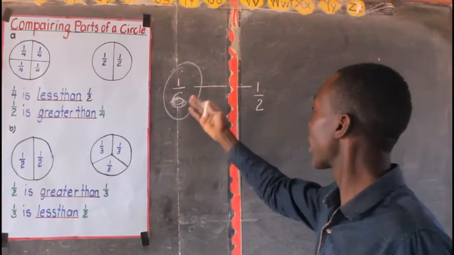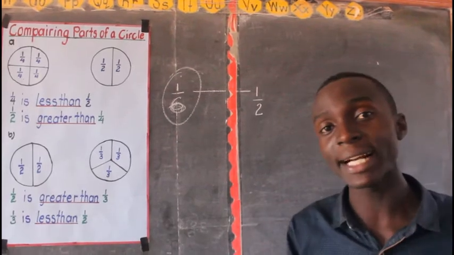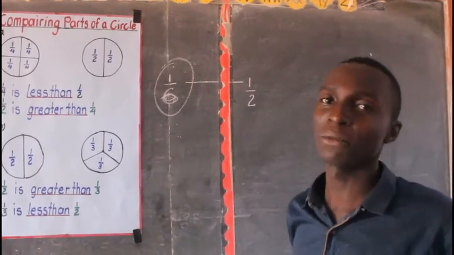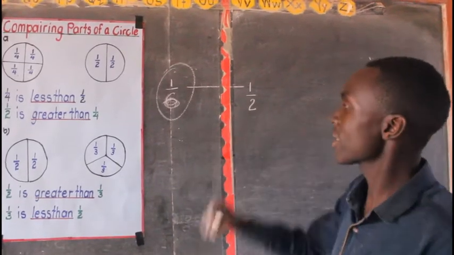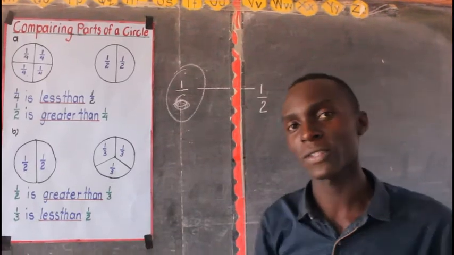So if you are given, for example, compare 1 out of 6 and 1 out of 2, you will automatically say that 1 out of 6 is less than 1 out of 2, hence 1 out of 2 is greater than 1 out of 6.